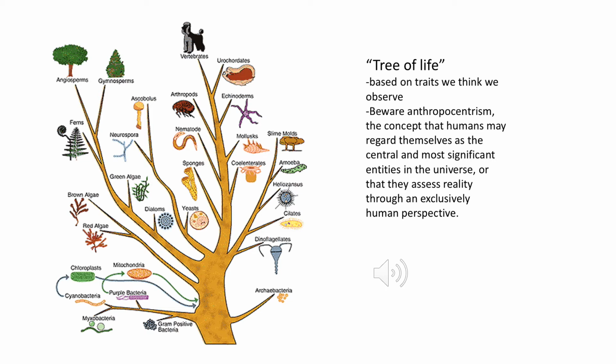We categorize these branches based on traits we think we observe. There is a note there that says, beware of anthropomorphism, or anthropocentrism. It's the concept that humans may regard themselves as the central and most significant entities in the universe. This is really important when we're studying animals.